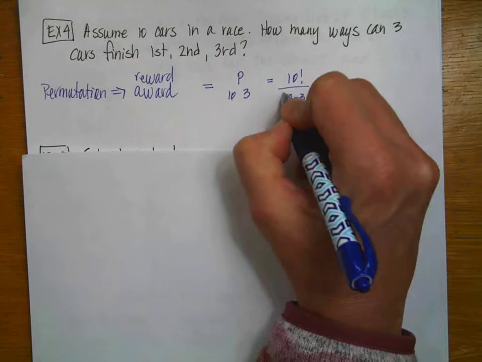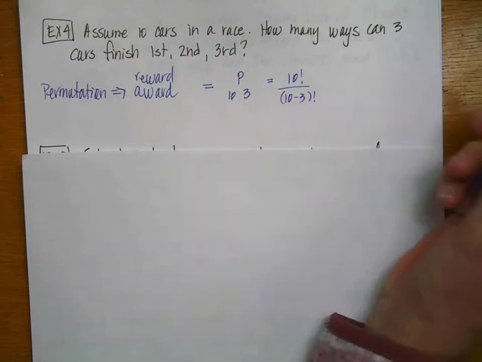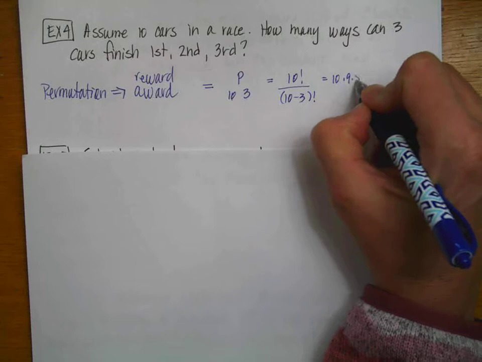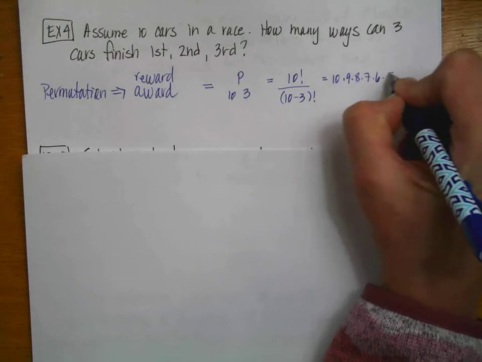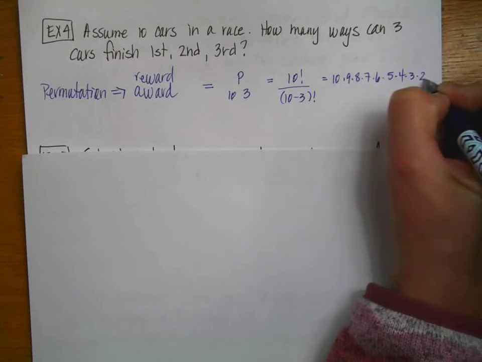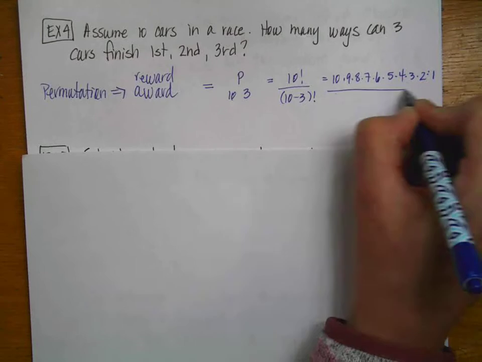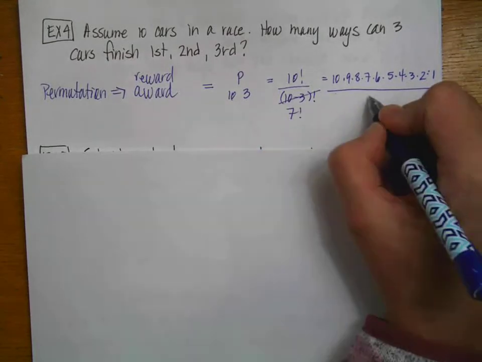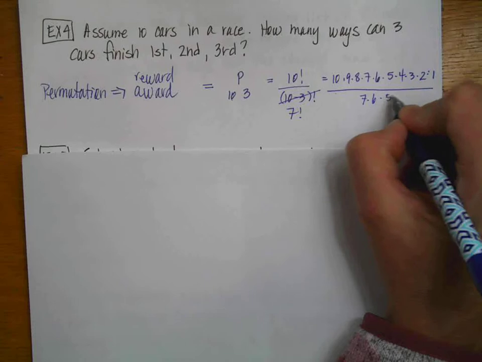Technically, this would be 10 factorial over 10 minus 3 factorial. And I'm just going to show you what happens if you do it by hand. So I would do 10, 9, 8, 7, 6, 5, 4, 3, 2, and 1. That's the 10 factorial. This is going to be 7 factorial.